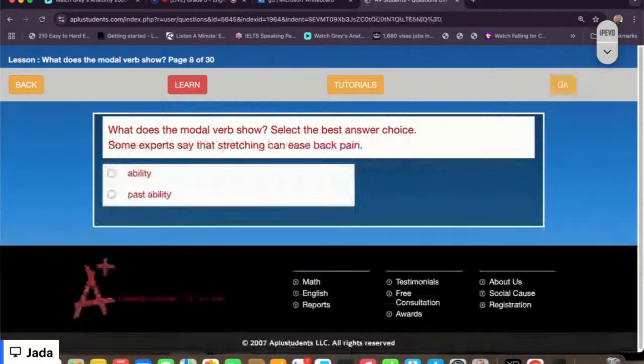Okay, so we have: some experts say that stretching can ease back pain. Ability or past ability?